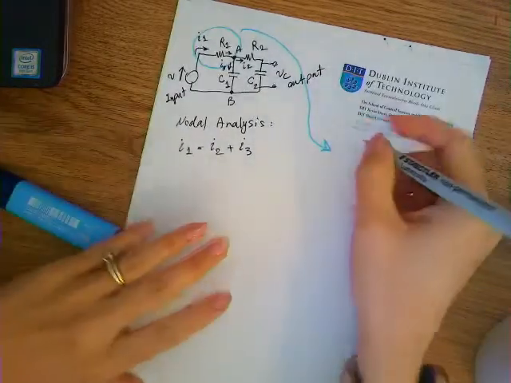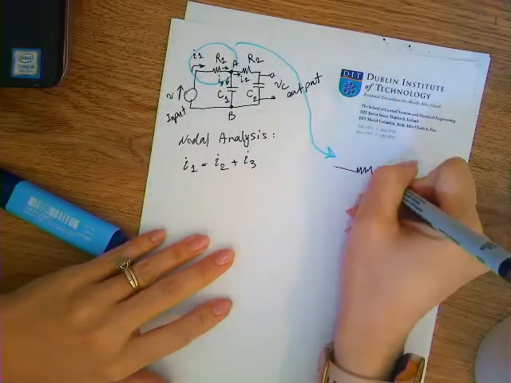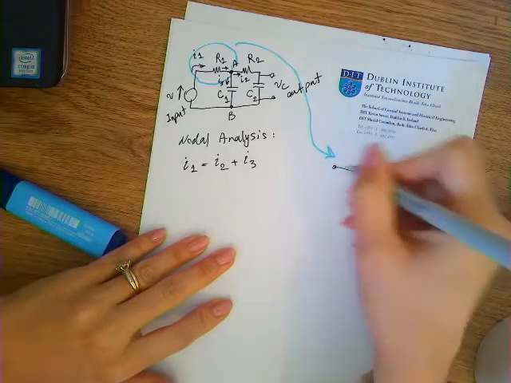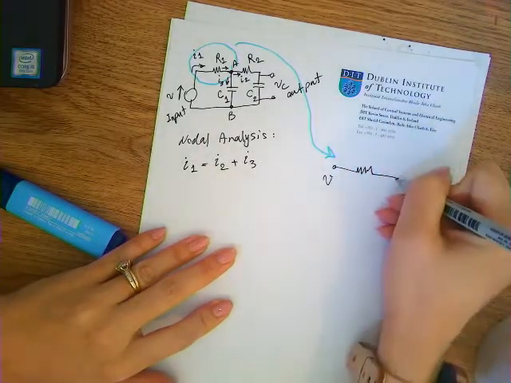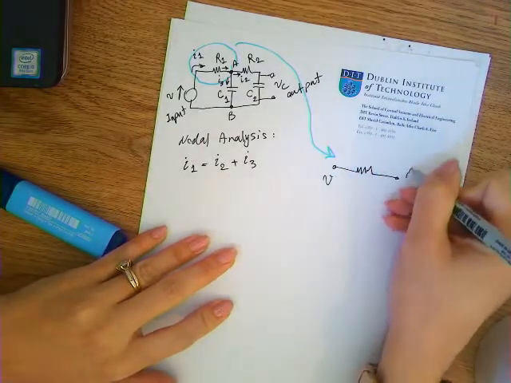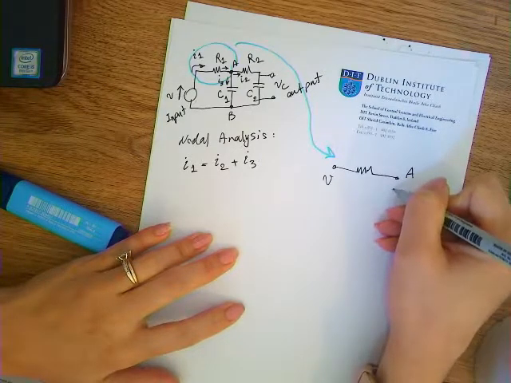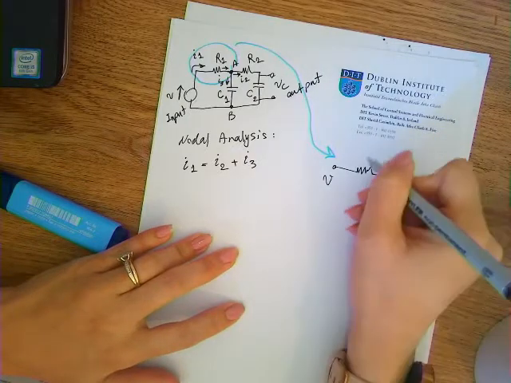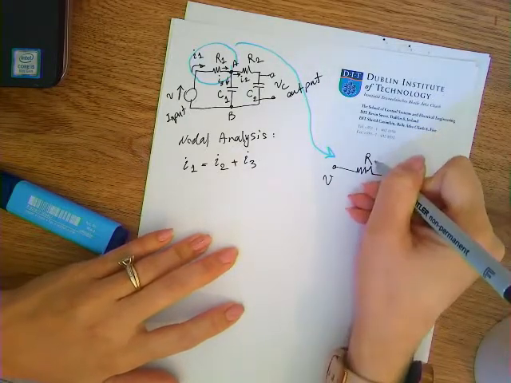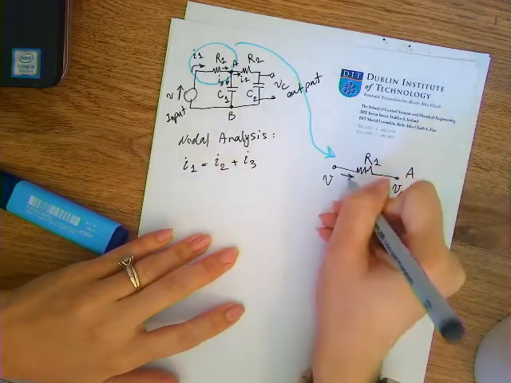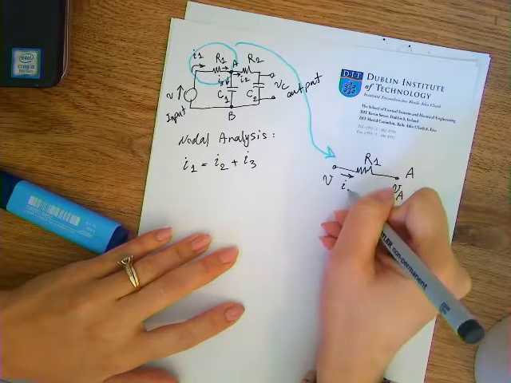So I have, sorry, that's my daughter. That would be my V, and that would be my point A, and I'm calling the voltage here VA, and this is the resistor R1, and the current that is flowing is I1.